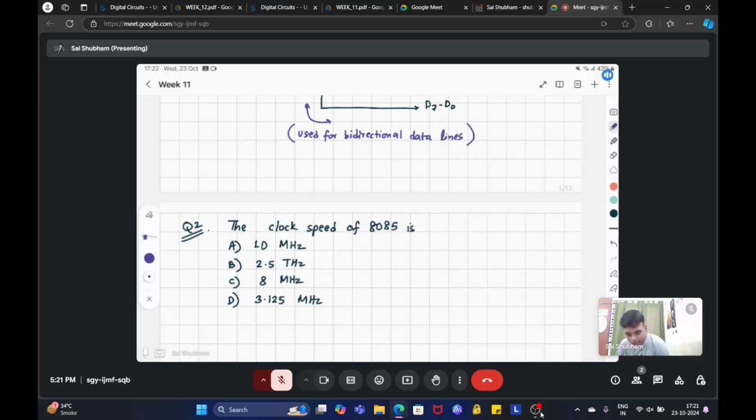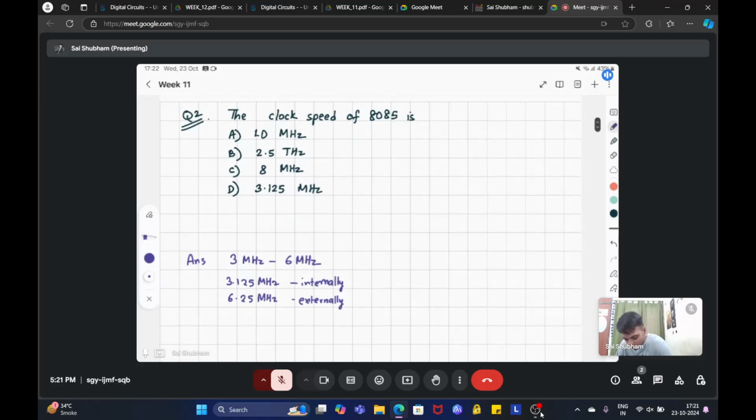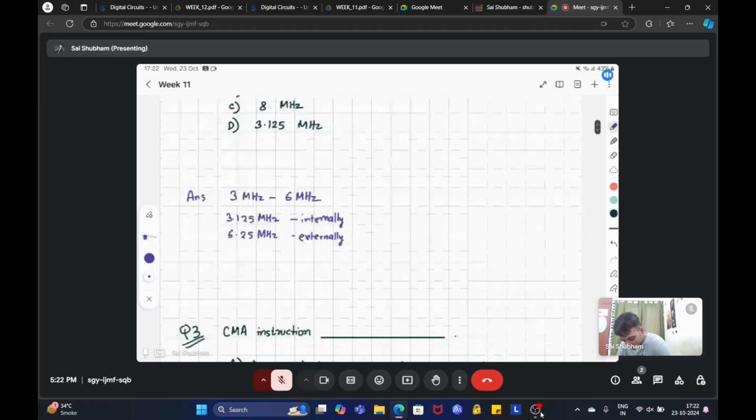So this is a memory based question. The answer is that the range of clock speed can vary from 3 megahertz to 6 megahertz in different configurations of the 8085 microprocessor. Typically, the internal clock is 3.125 megahertz, whereas externally it can be 6.25 megahertz. So moving on to the next question.